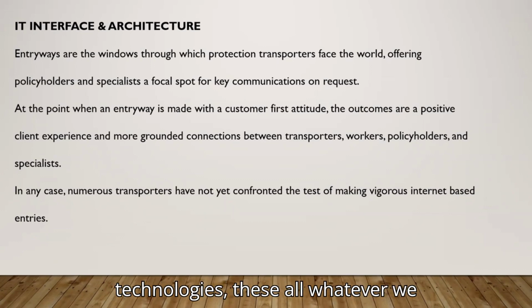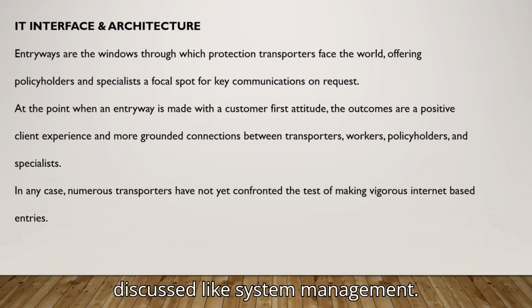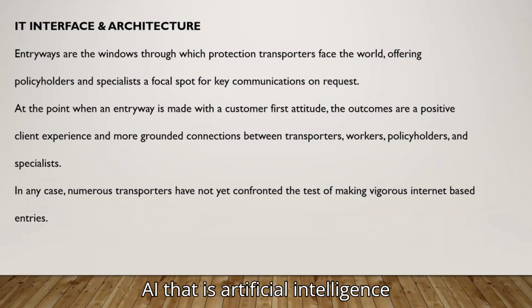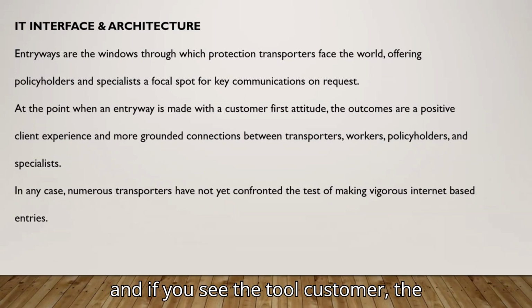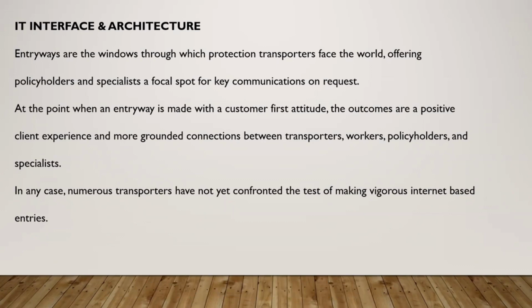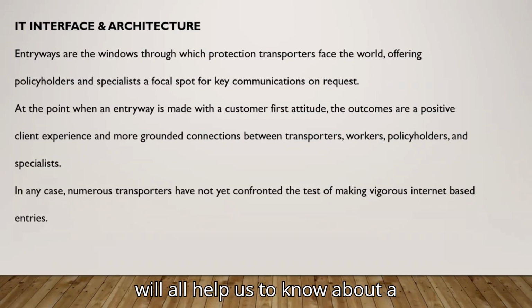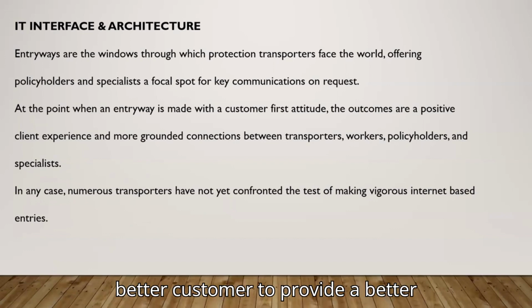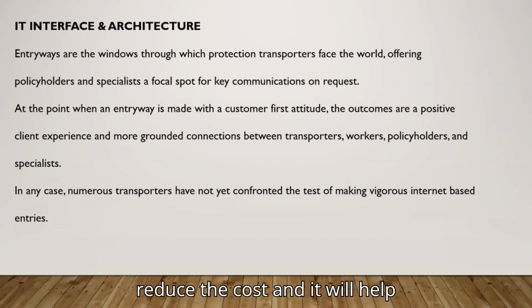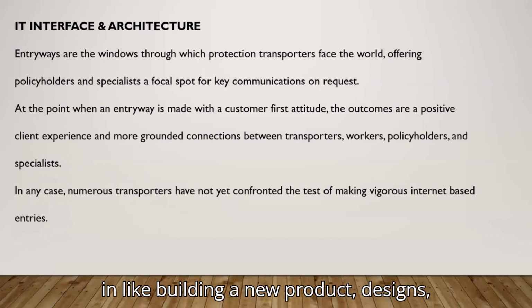These all, whatever we discuss, like system management, AI, that is artificial intelligence, and the customer relationship management services, will help us to know a better customer, to provide better customer service, and this will also reduce the cost, and it will help in building new product designs, etc.